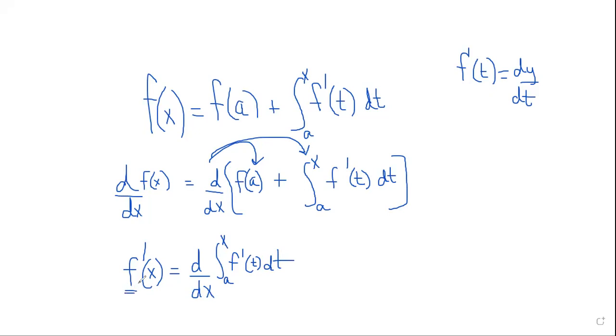See this f prime here? It is the same f that is being referred to inside the integral. And so we already have the definition of the rule called f. All we have to do is change the variable that was t here to x.